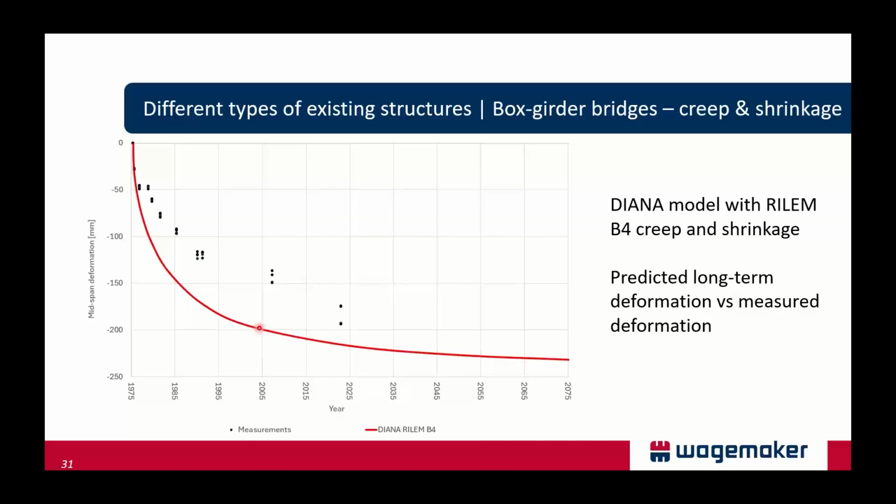So what we can see here with the red curve is that our Diana prediction with the Ryland B4 creep and shrinkage model shows reasonable agreement with the measurement data. It's a little bit on the conservative side, which is actually good for the structural safety.